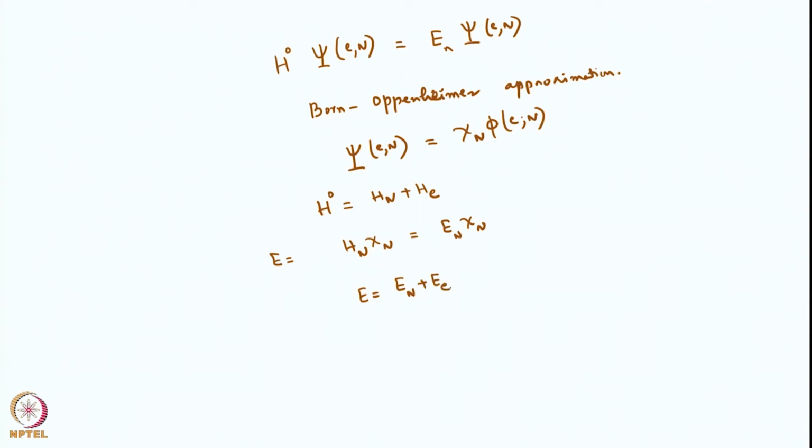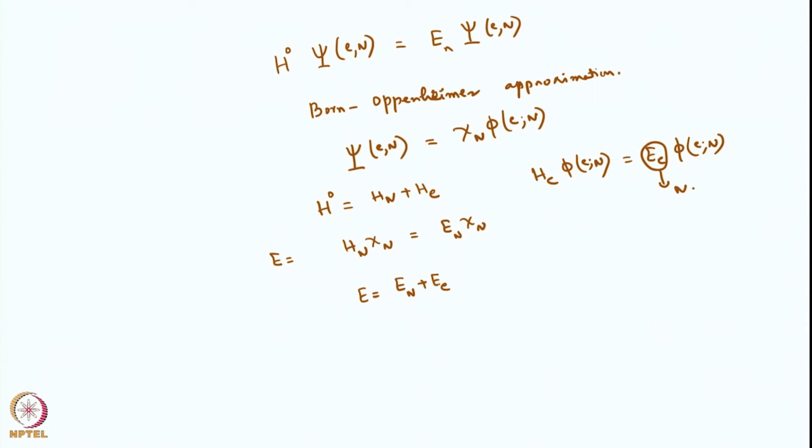Now if you have H electron acting on phi electron, that parametrically depends on nucleus. What does parametrically depend on nucleus mean? For every different nuclear position, the Hamiltonian of the electrons will be different and give a different solution. So this E also depends on nucleus because the wave function itself does.